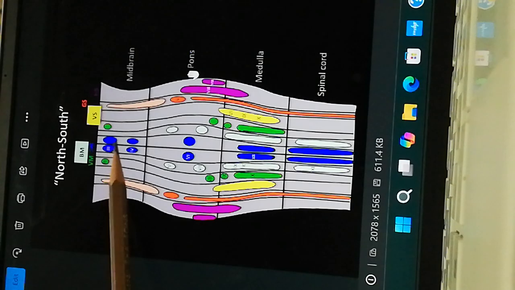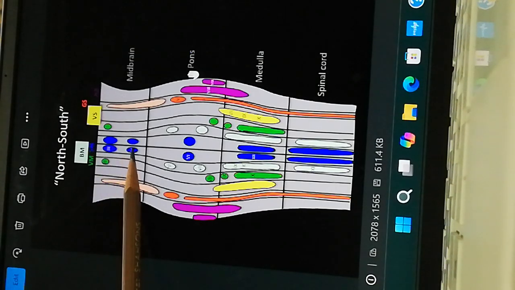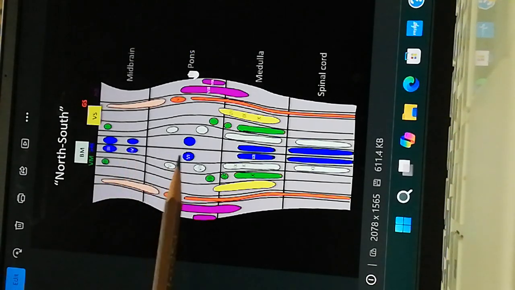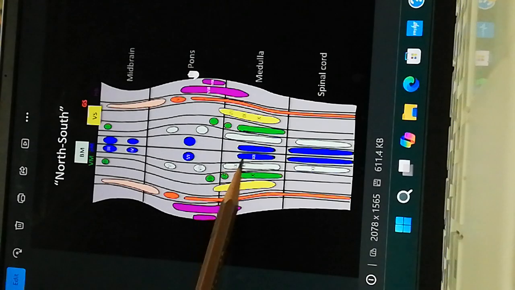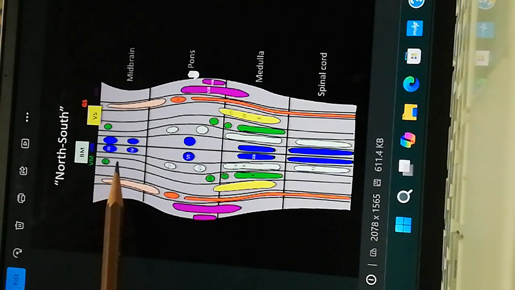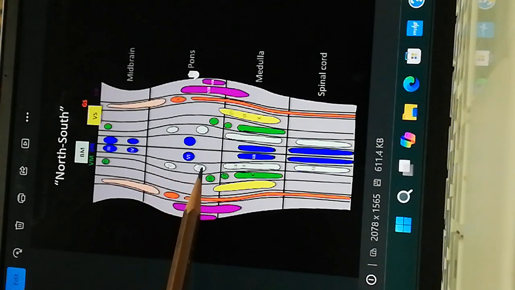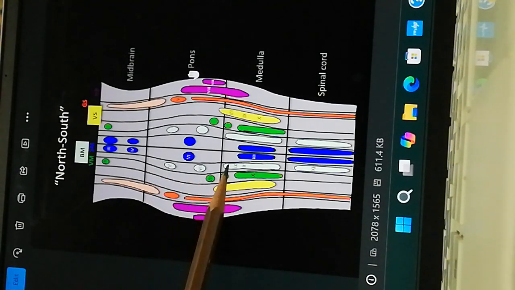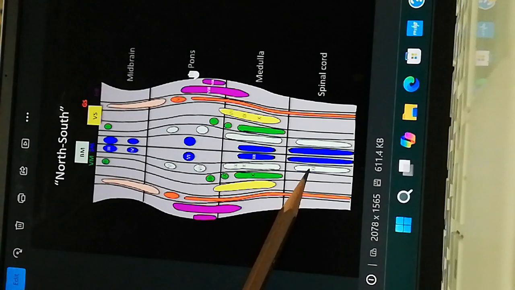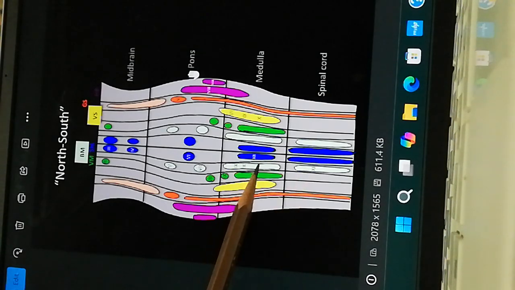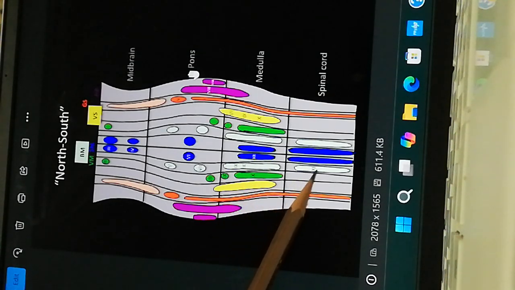The blue one on both sides, this is the third, this is the fourth in the midbrain, this is the sixth in the pons, this is the 12th in the medulla, right? Now the nuclei you can see in this column are the 5th, 7th, which are in the pons, then 9th, 10th, and 11th, which are in the medulla, and the 11th's spinal part is in the spinal cord.